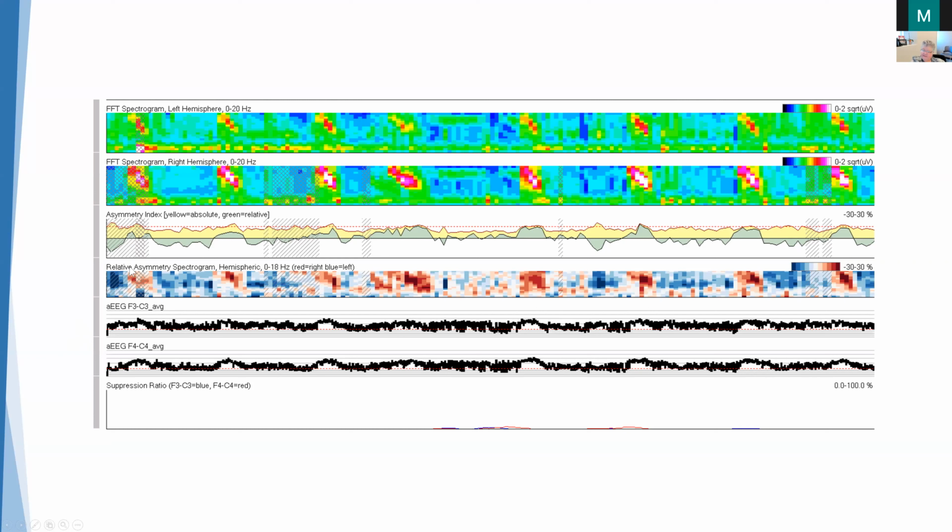So you can see this change in the right to left power distribution, both in this asymmetry spectrogram, but also in the absolute and relative asymmetry indices. So here corresponding to this difference, here corresponding to this asymmetry spectrogram.